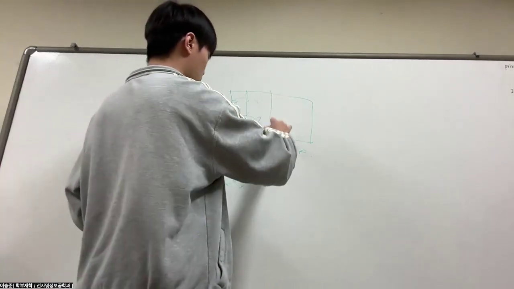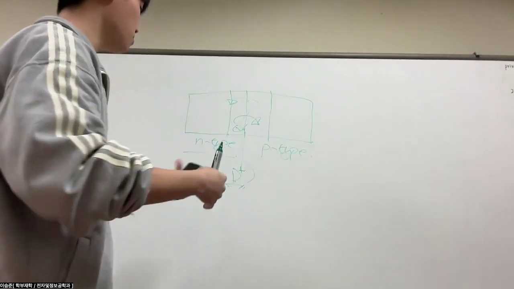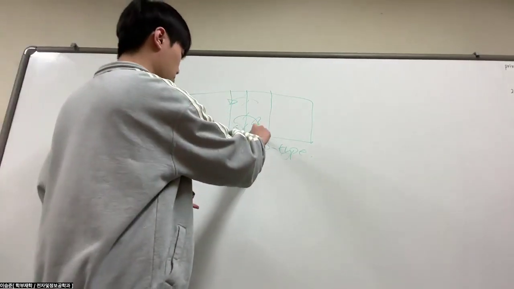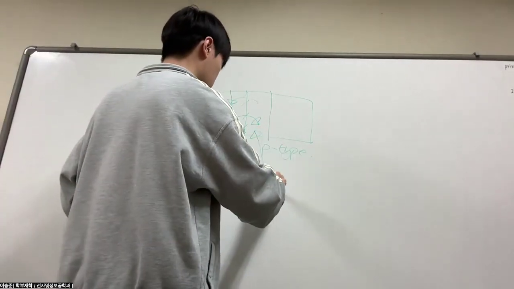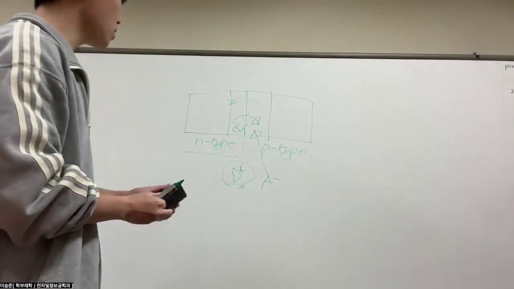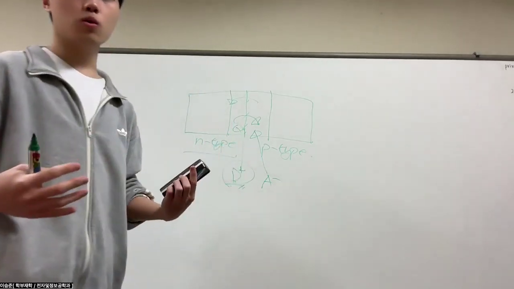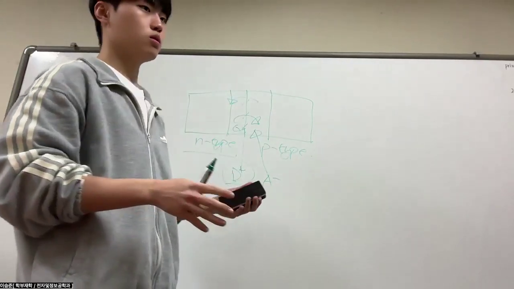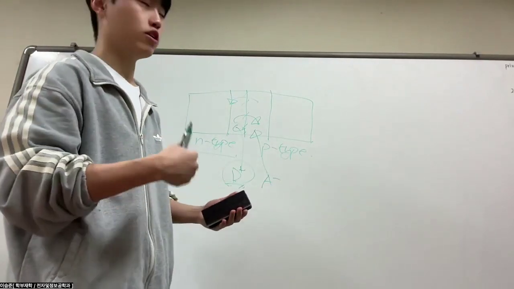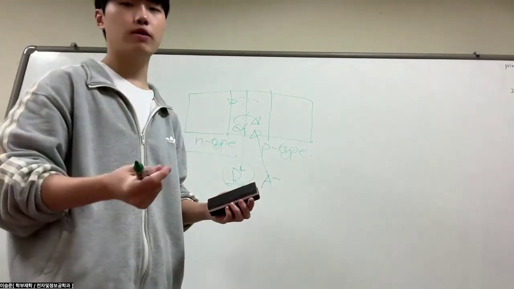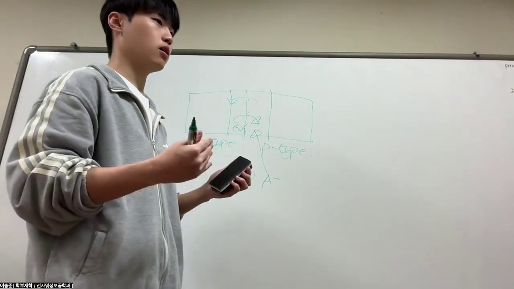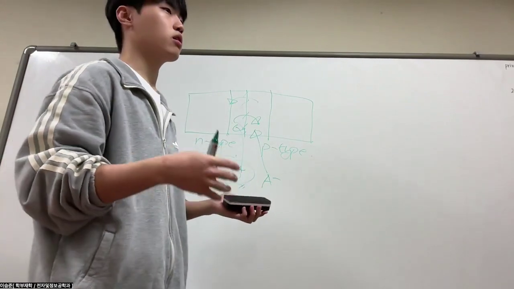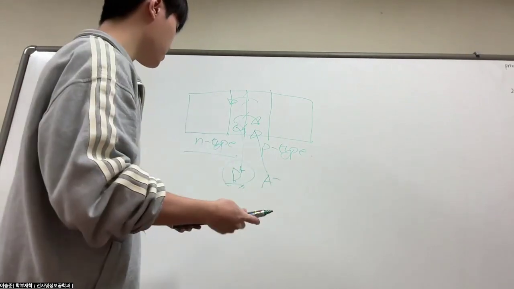And oppositely, the P-type holes go to the N-type, and the acceptor ions are fixed here. And there are no mobile carriers in this area. So we call this the depletion region because there are no carriers.